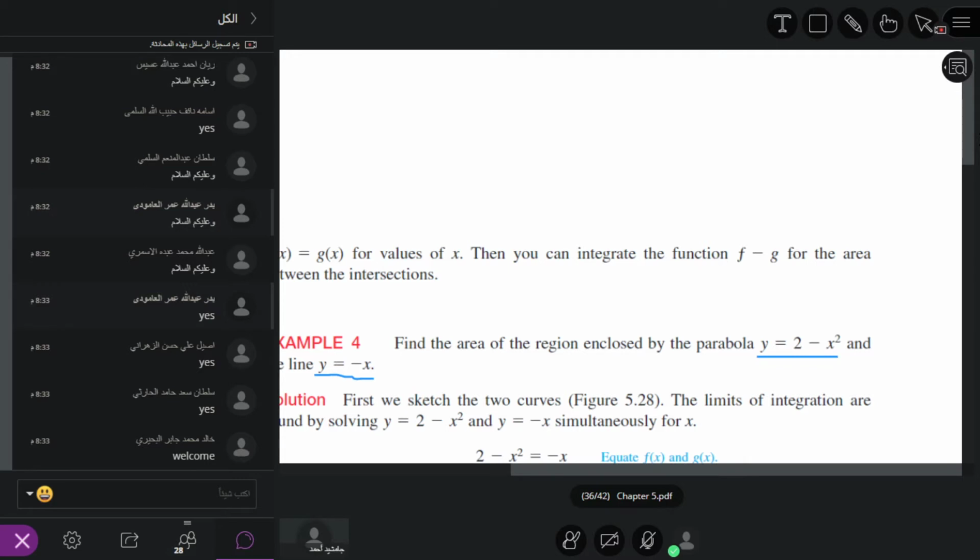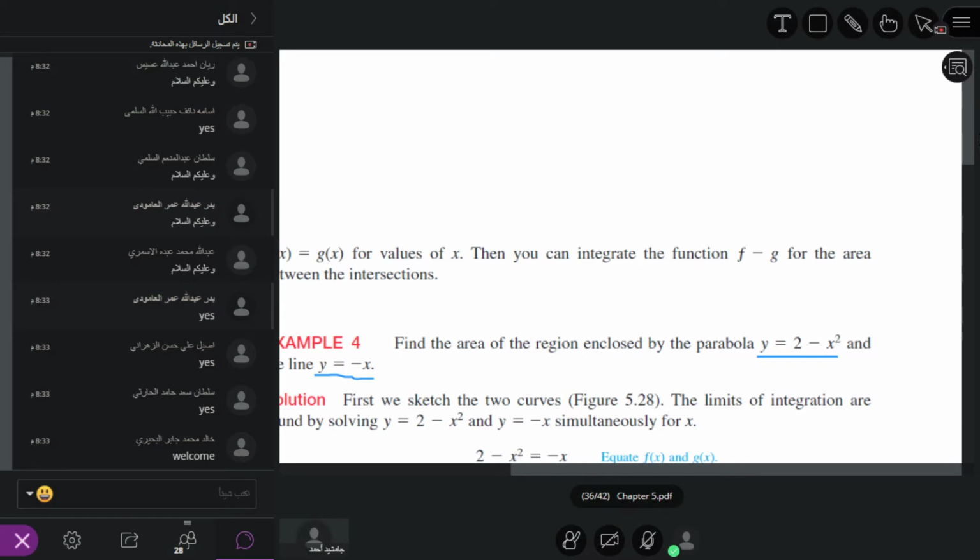For this case, first we observe what this parabola is. If we have y is equal to x square, it is upward. If y is equal to minus x square, it is downward. And if y is equal to x square, its turning point is the origin. It means from the origin, on one side it is increasing, and on the other side it is also increasing.